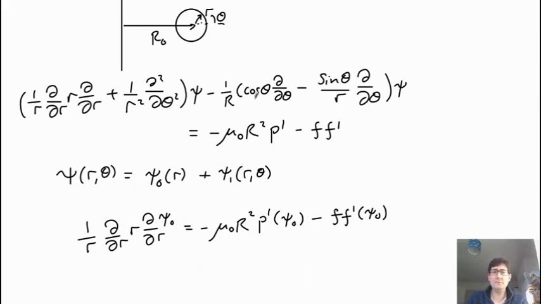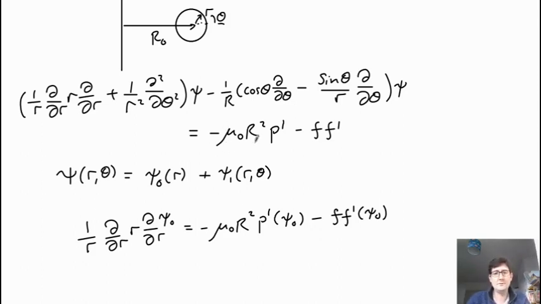One motivation is that if you put this psi naught into this equation, you end up with this term here with a cos theta. We also showed previously that we expect the flux surfaces to be shifted outwards, and this would correspond to a cos theta like perturbation, moving things radially outwards in r.